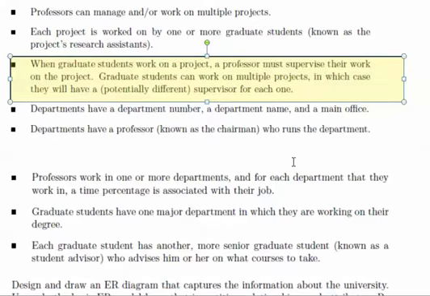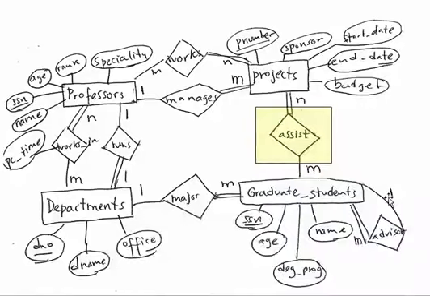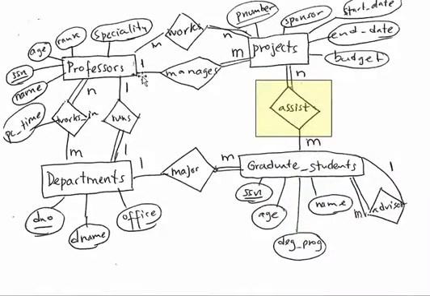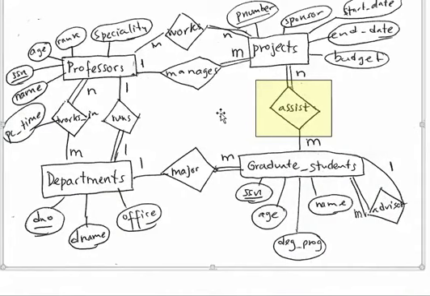So in this case, we're talking about professors supervising the project when the students are working on it. So let's see, the best way will be to make this a ternary relationship. Let's see if I can do that right.